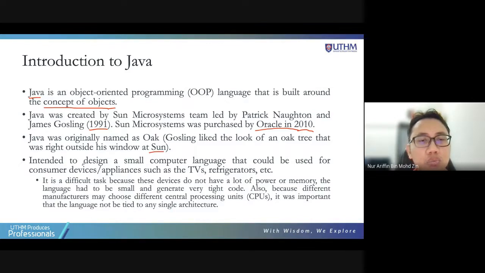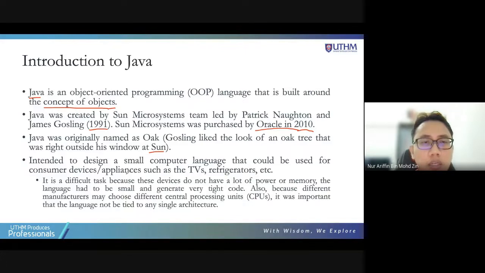Java was intended to be a small computer language that could be used for consumer devices or appliances such as TVs, refrigerators, etc. So during the beginning of Java, it was intentionally created to be used for small appliances or consumer devices, not for desktops or laptops at that time, but more for home appliances such as TVs and refrigerators.